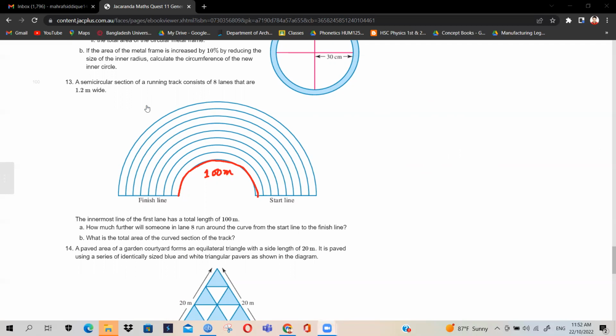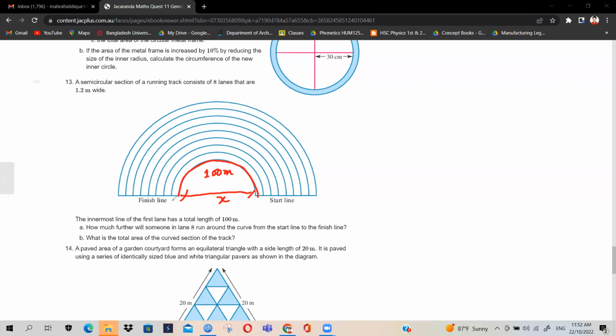However, let's see. A semicircular section of running track consists of 8 lanes, 1.2 meter wide. So 1.2 meter wide, that means whatever is the value here, it will keep on increasing by 1.2 meter. So this is our x. I consider it x, and we will calculate the value for that. No worries.